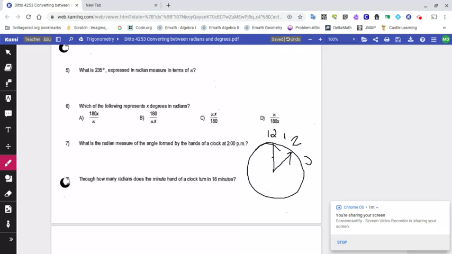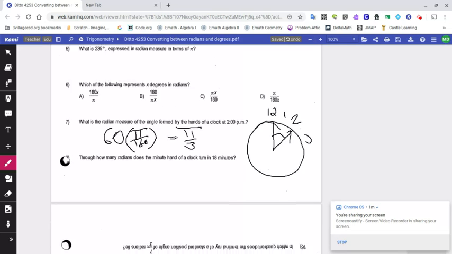So this angle is 60 degrees. So 60 degrees in radians, times pi over 180, is pi over 3 radians. So that's the portion of the circle represented by those hands at 2 o'clock.